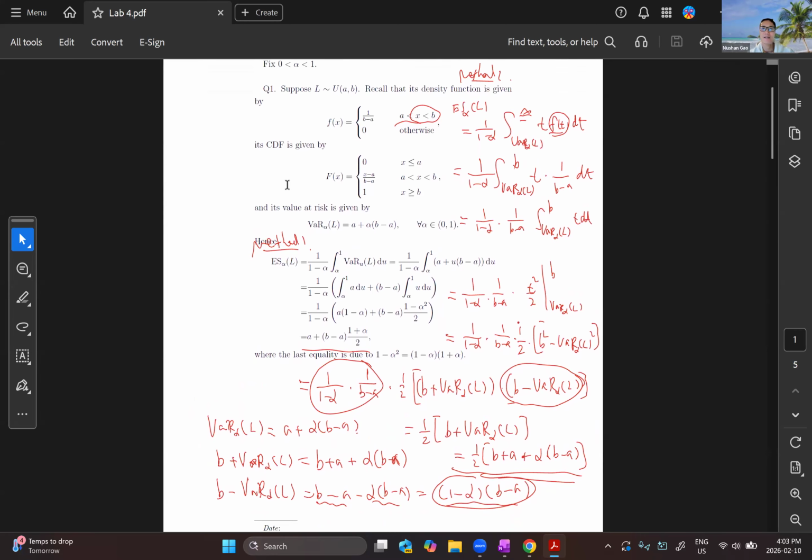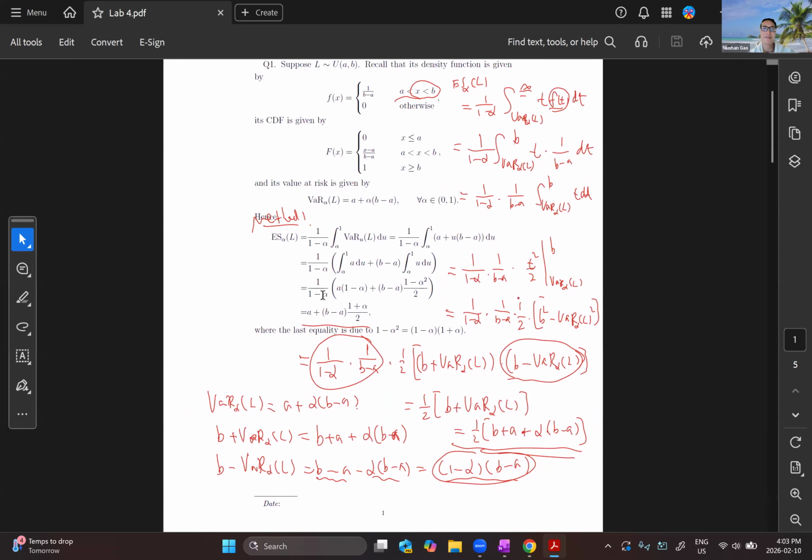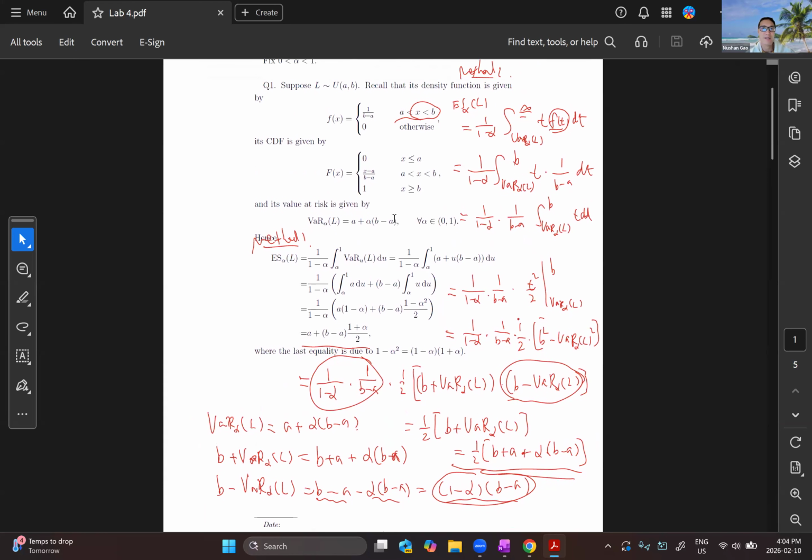So you can see the second method is not necessarily better than the first method. Sometimes the first method is better, sometimes the second method is better.